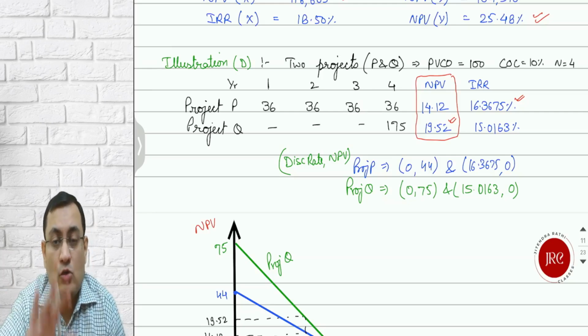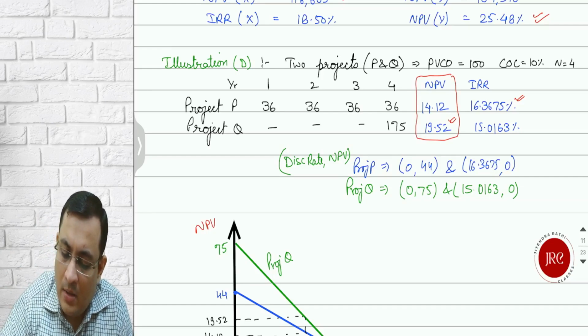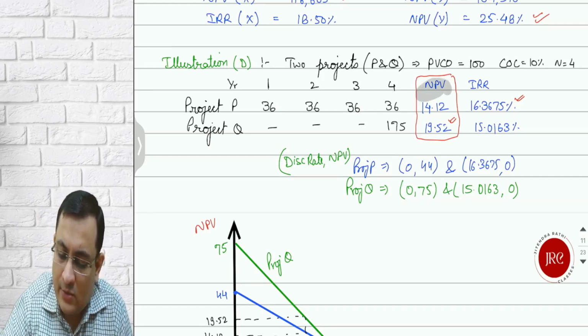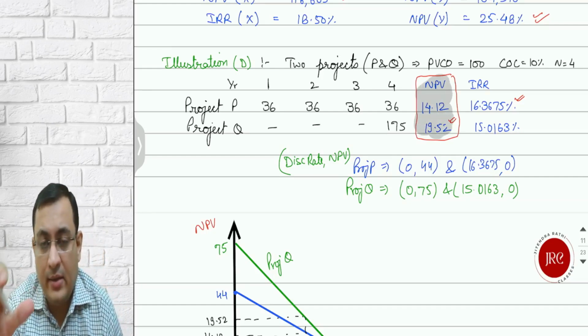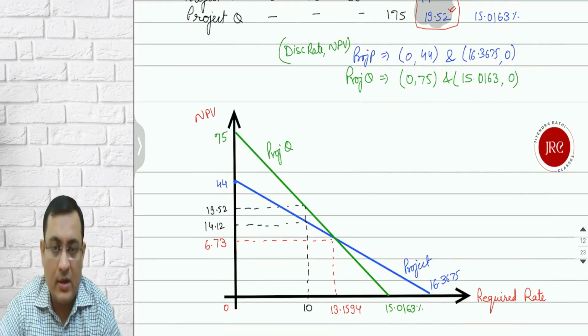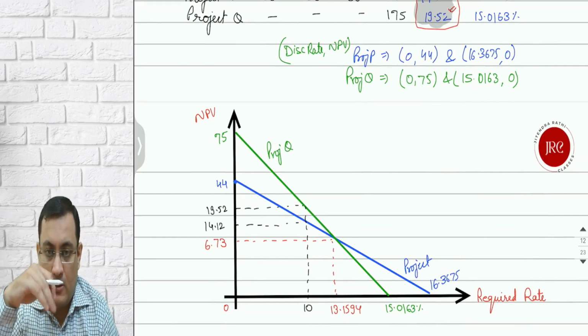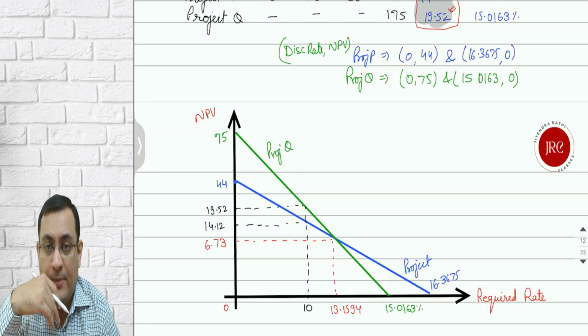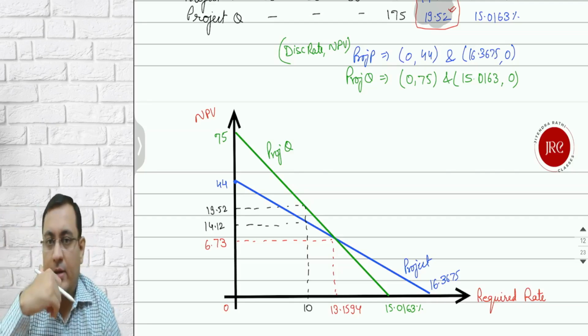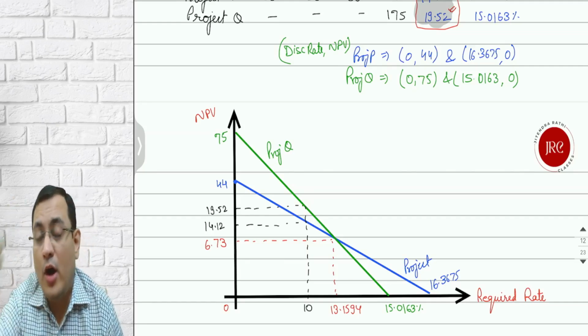Even though NPV is not available, by drawing the diagram of these lines on this NPV and required rate graph, if there is an intersection of these two NPV profiles of these two projects, it means there is a conflict. Now, which project is preferable at what required rate?